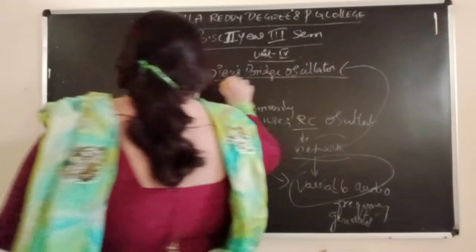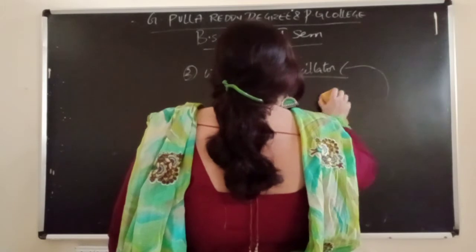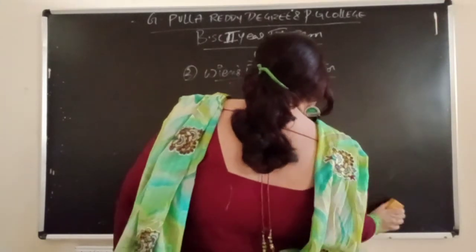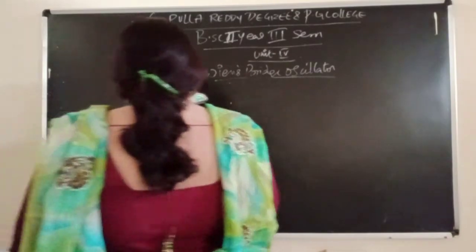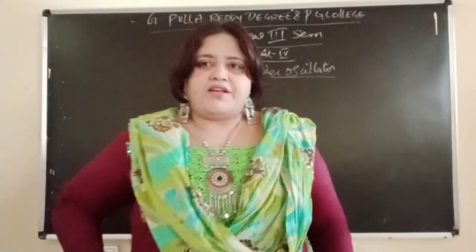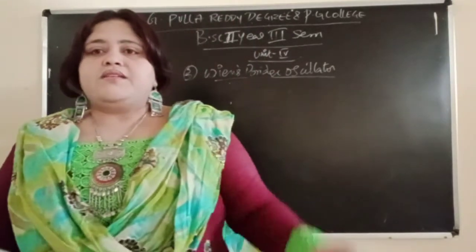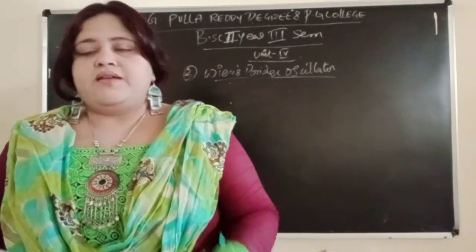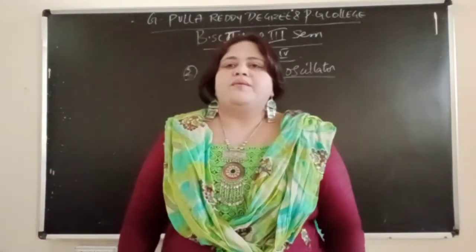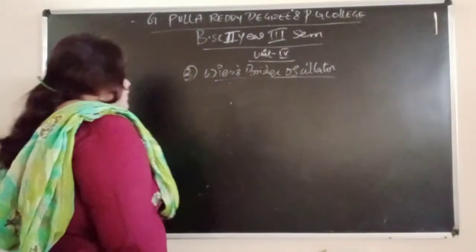Now we are going for the Wien bridge network. We are going to draw the circuit of the bridge network principle. The basic principle of the network, meaning the bridge, works on the Wien bridge oscillator principle.